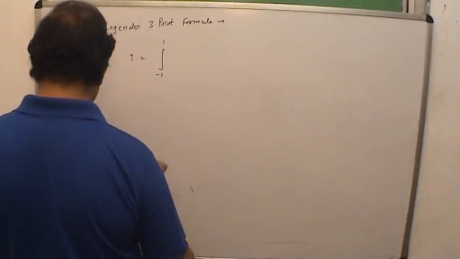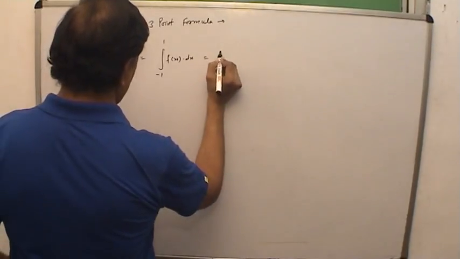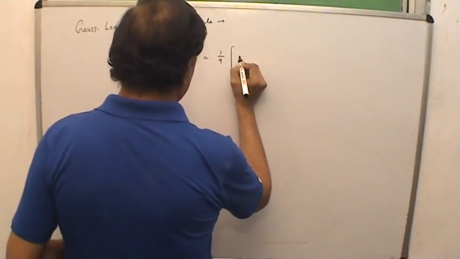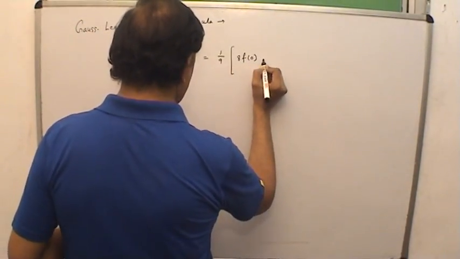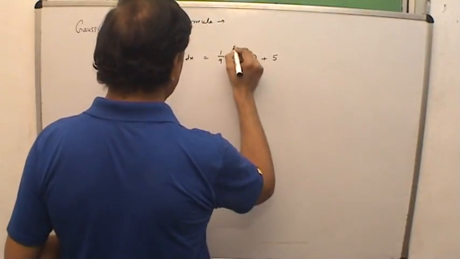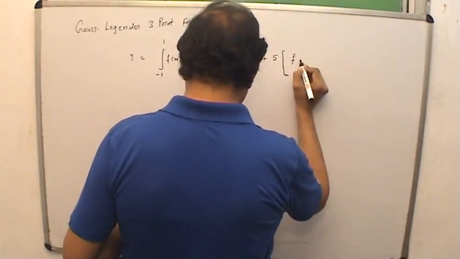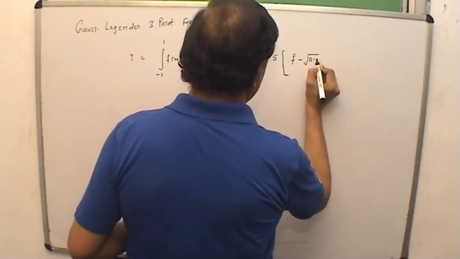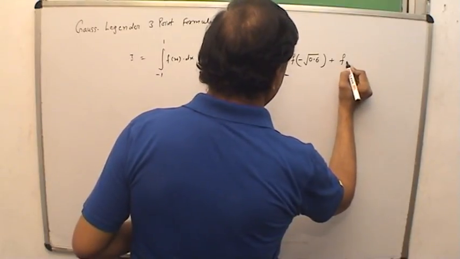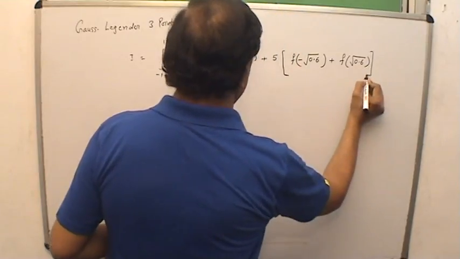It is the standard one: the integral of any function f of x dx is equal to 1 by 9, then 8 times f of 0 plus 5 times f of minus under root 0.6 plus f of under root 0.6.